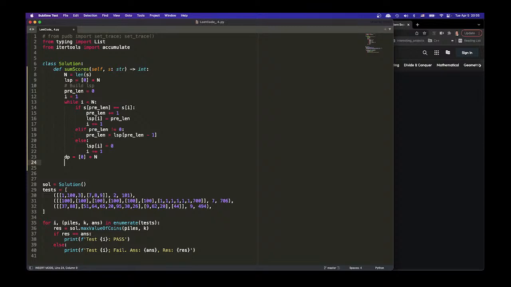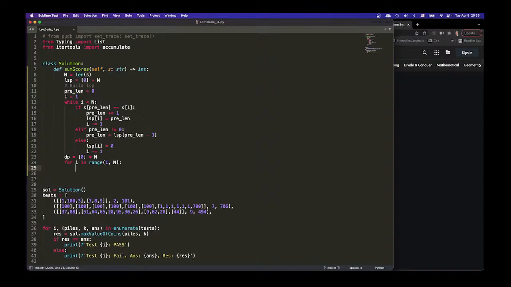The first one will all be 0. So we just say for i again in range from 1 to n, right? We're gonna cover the entire thing.